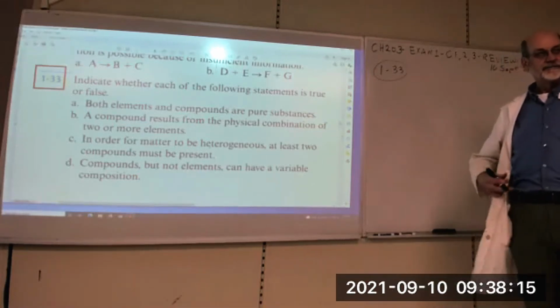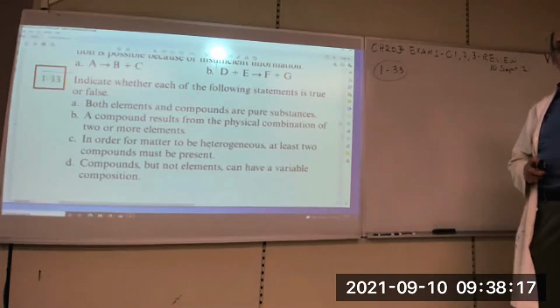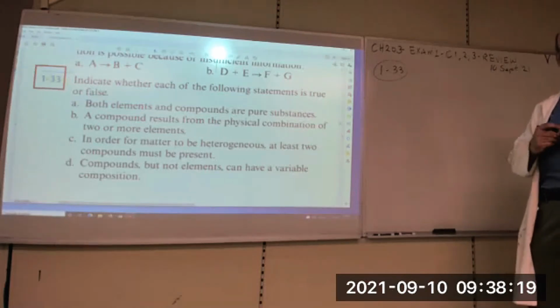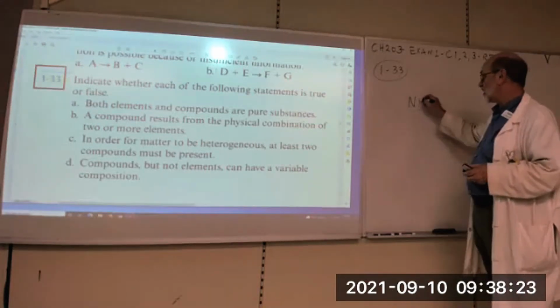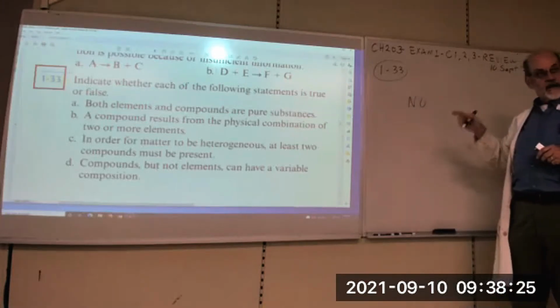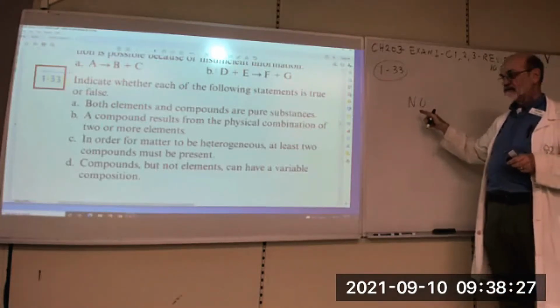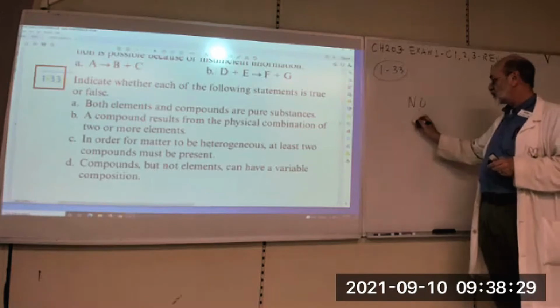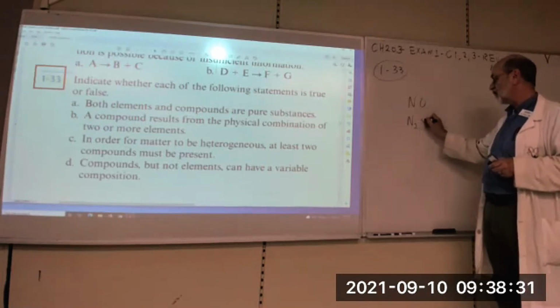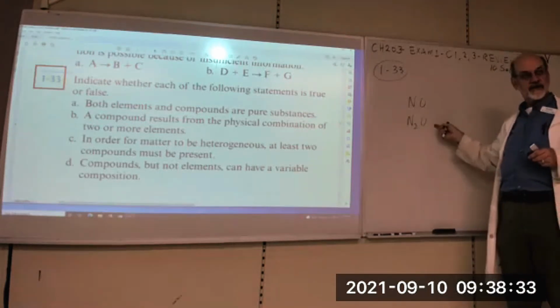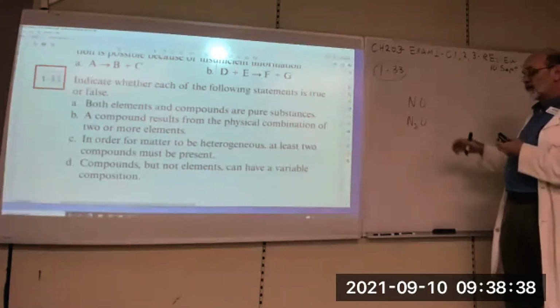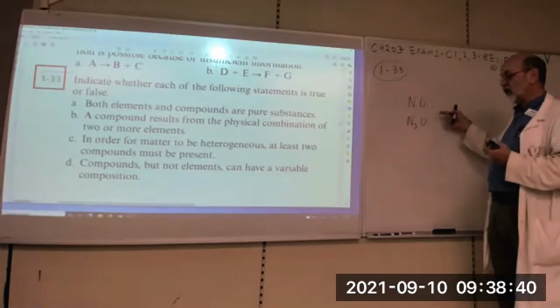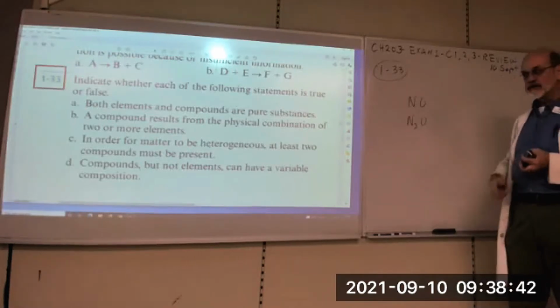Once you've established a compound, say this one, that's fixed composition. But if you take those two elements and combine them differently, that's a different composition. So that's variable composition for those two elements.